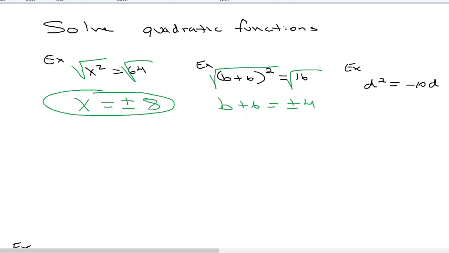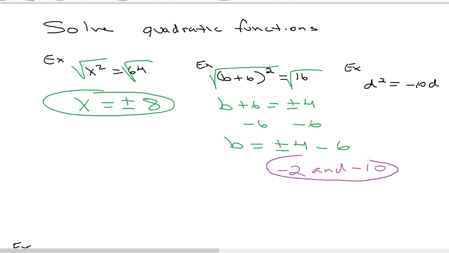To get b by itself, I simply subtract 6 on both sides, and so I have b equals positive or negative 4 minus 6. And so that's going to lead me to two different solutions. Positive 4 minus 6 is negative 2, and negative 4 minus 6 is negative 10. So we have two possible answers for this one here.